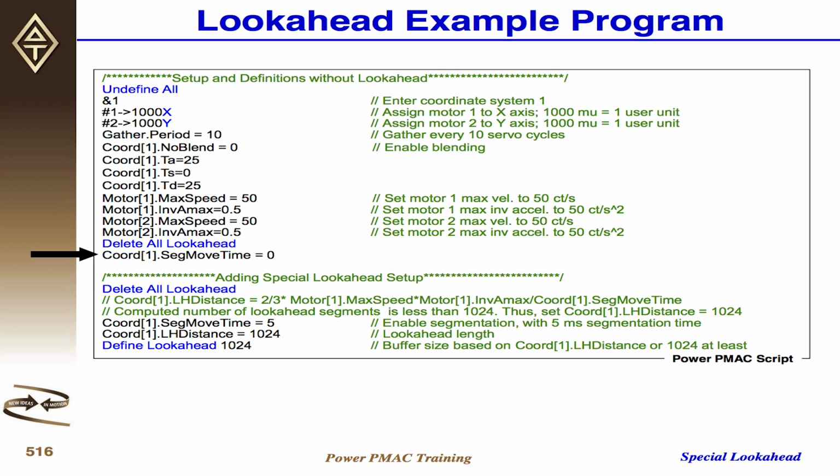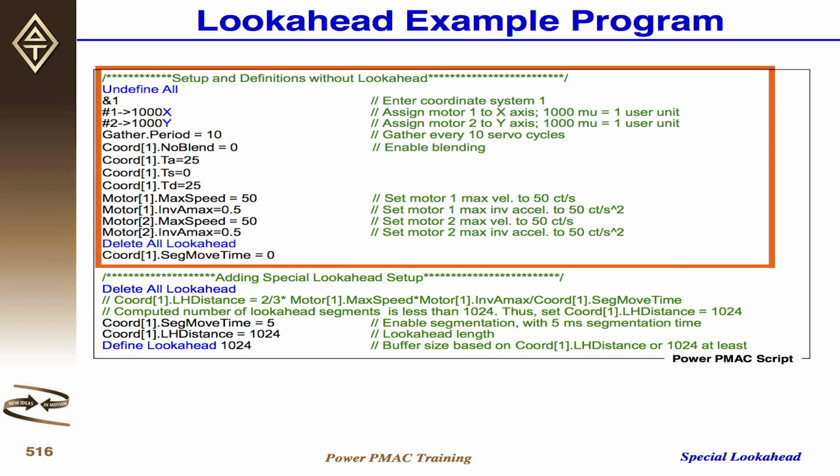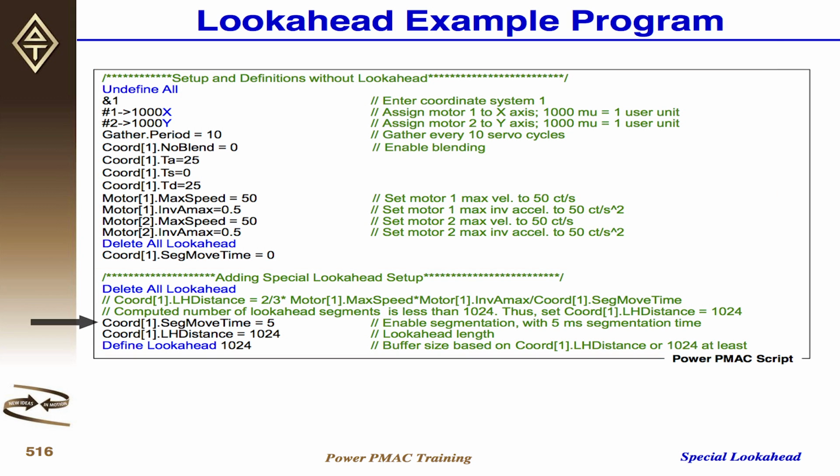When you want to turn it on, you download this one on top of it. See, segmentation move time is equal to 5 now, and we calculate the chord x.LH distance. It comes up less than 1024, so we define lookahead 1024 for this example because the NT calculation was less than 1024.